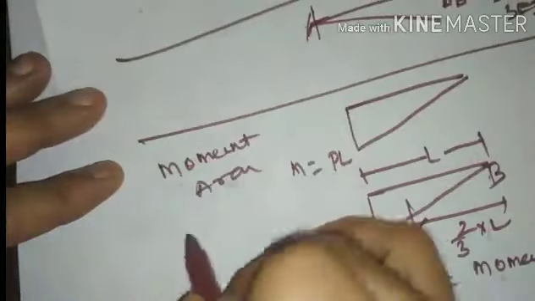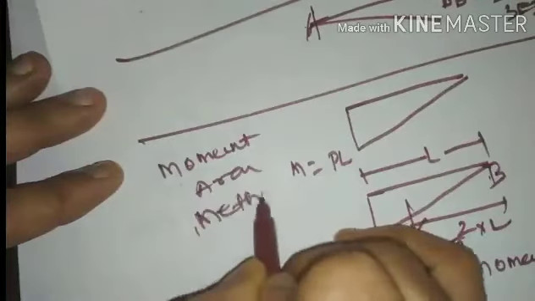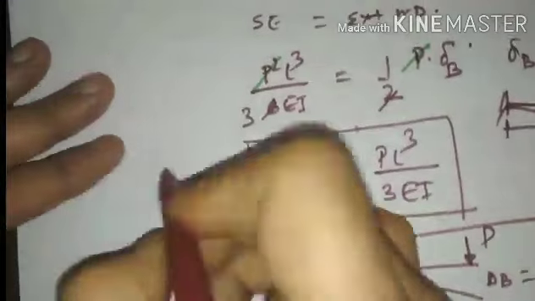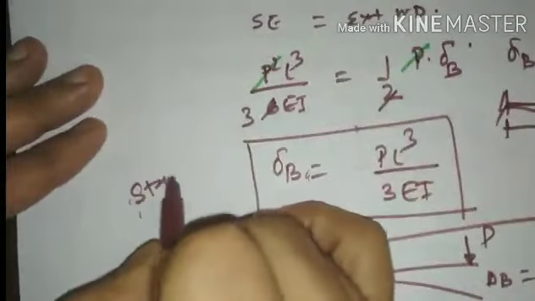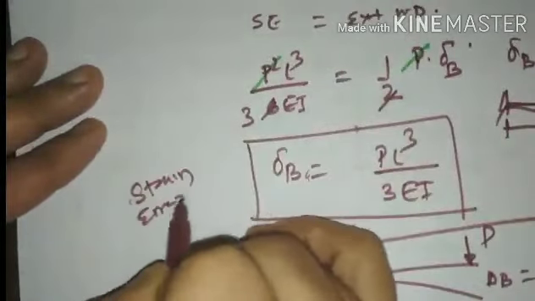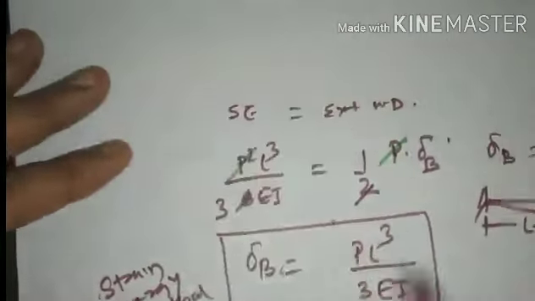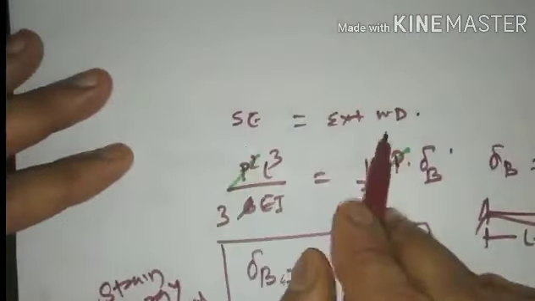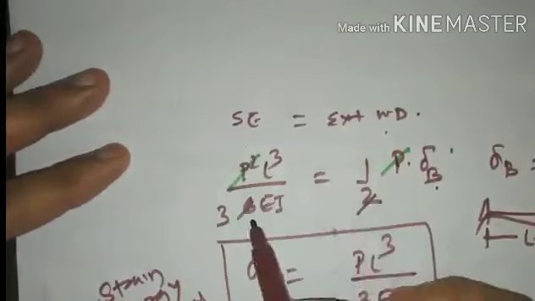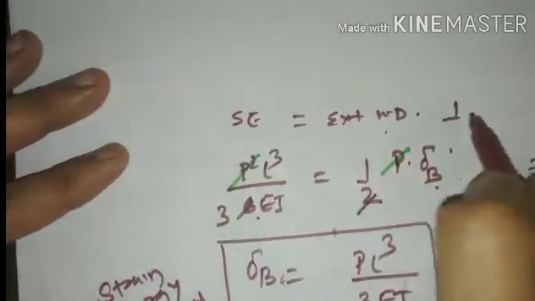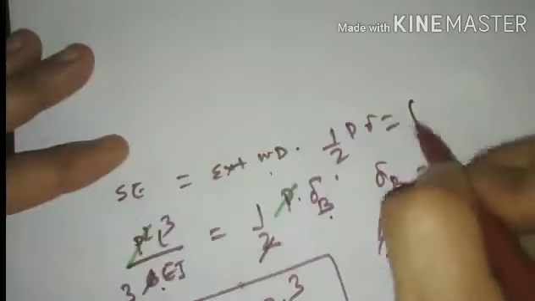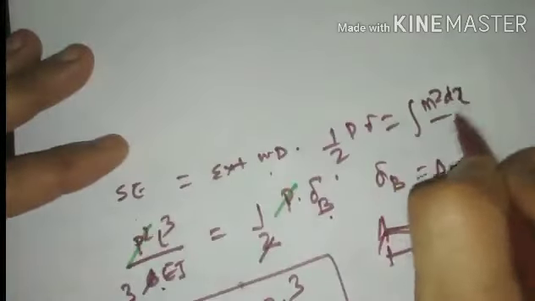And earlier, the solution that we had calculated was by the strain energy method, wherein strain energy is equal to external work done, that is half P into delta is equal to integration of M square dx divided by 2EI.